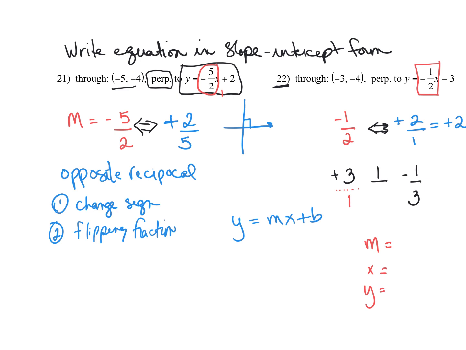Because I want to write the equation of the line that's perpendicular to the one I'm given, I'm going to use my opposite reciprocal slope as my m. So my m is going to be 2/5. And my x and y values come from the point that we want to draw the line through. So x is -5, y is -4.